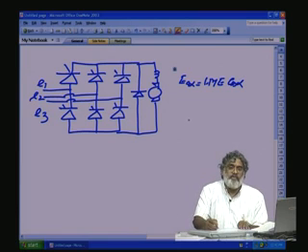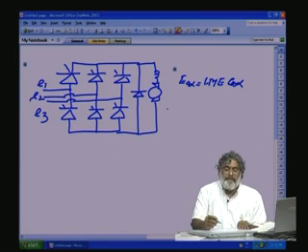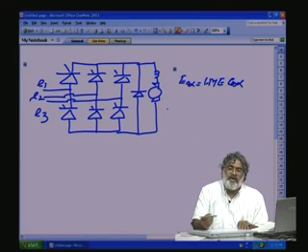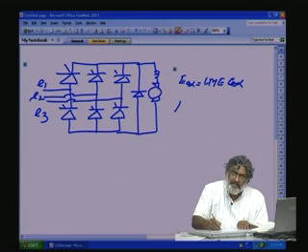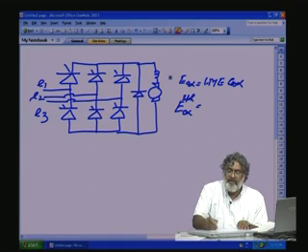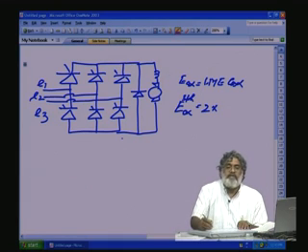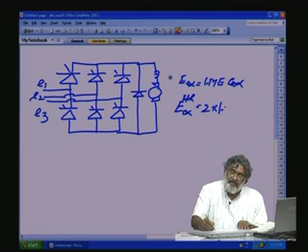So, we can assume the fully controlled converter with the inductive load, not with the freewheeling diode. Freewheeling diode is not there. That means we are trying to get both positive as well as negative voltage. For the 3 phase fully controlled converter, E0 alpha will be 2 times, with a symmetrical firing angle for both the positive as well as negative, it will be 1.17 into E cos alpha.